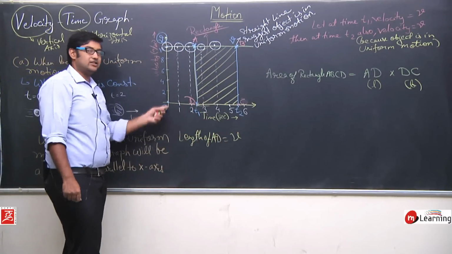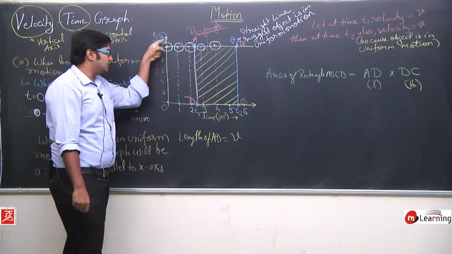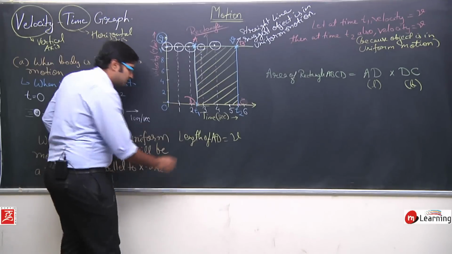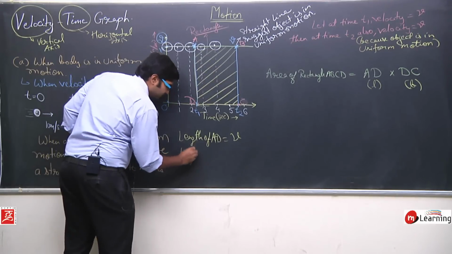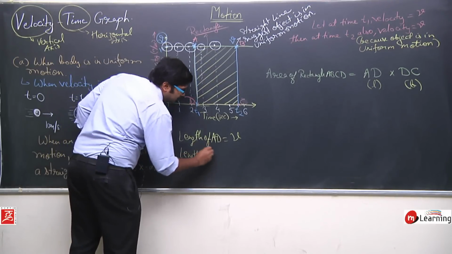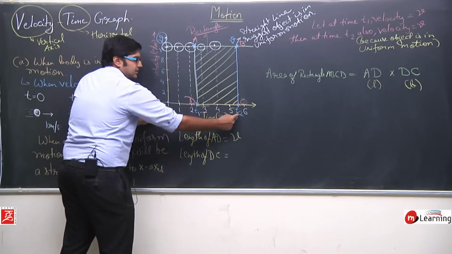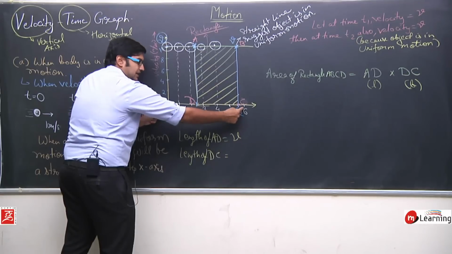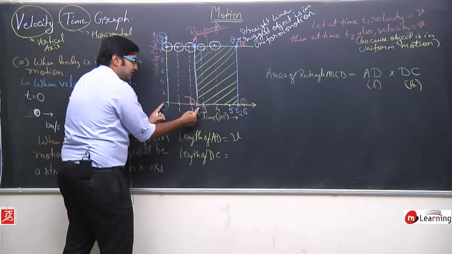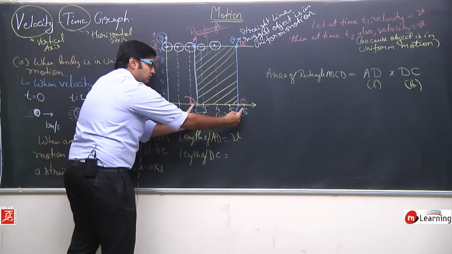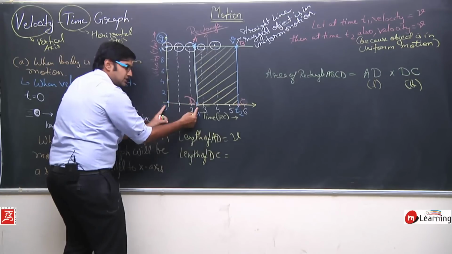Just calculate this length by using a ruler, you can see this is V. Now if I ask you the length of DC, see, O to C is T2, this complete length is T2, and O to D is basically T1. So the length of DC will be T2 minus T1.